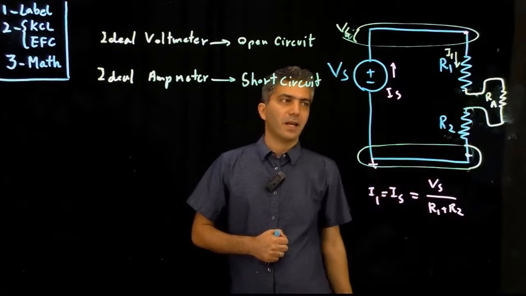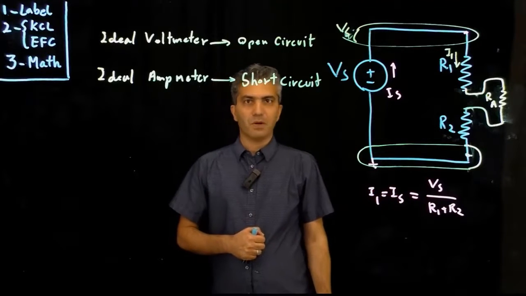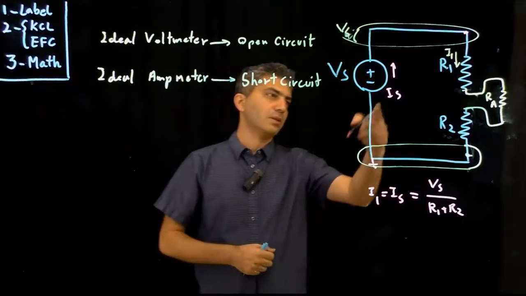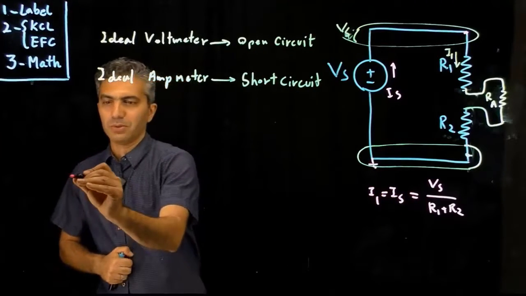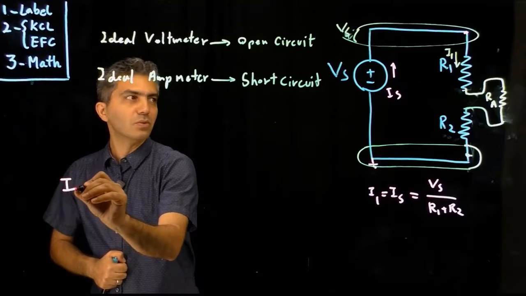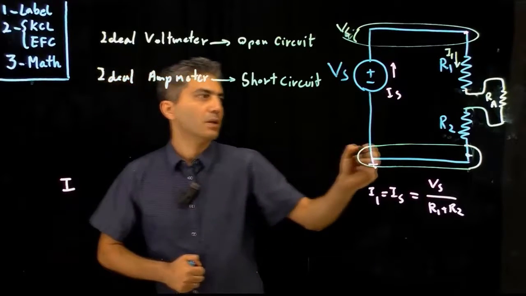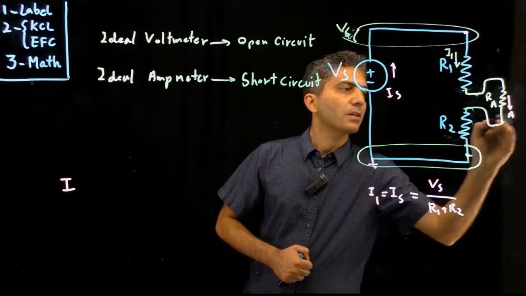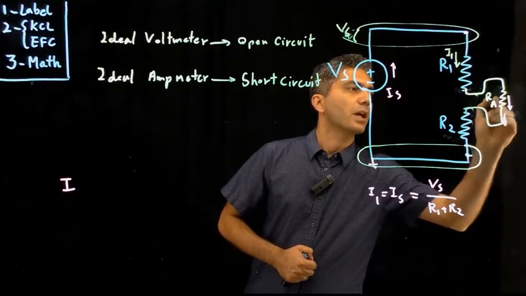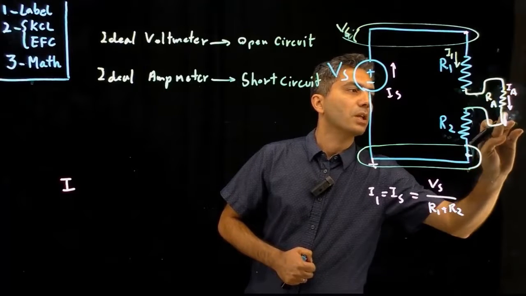Now that I have added that, the current is going to be different, obviously. This is just too simple of a circuit, and we should be able to quickly calculate the new current. I'm going to call that IA, the current that's passing through the ammeter, which is the current that we read.